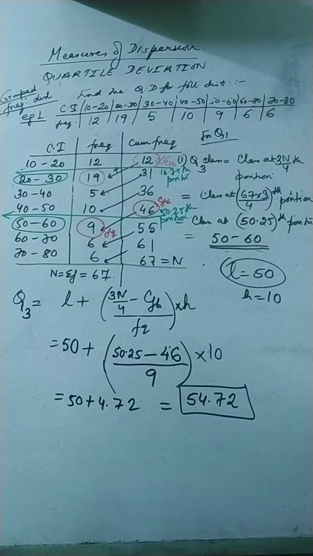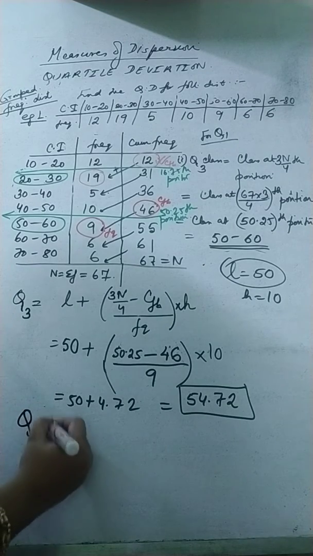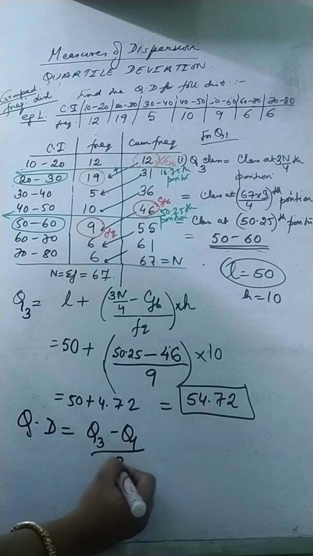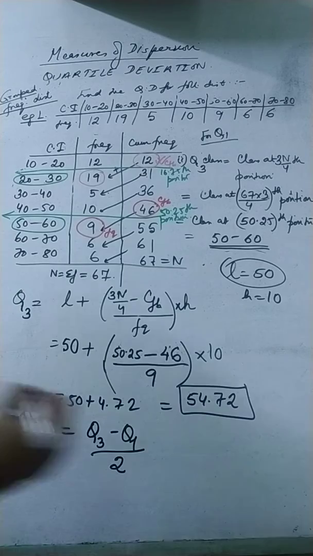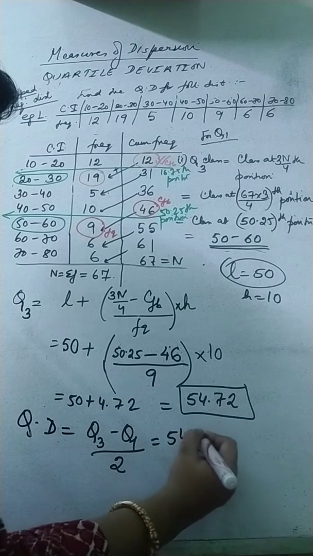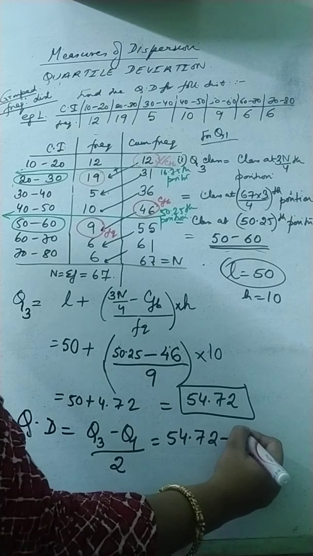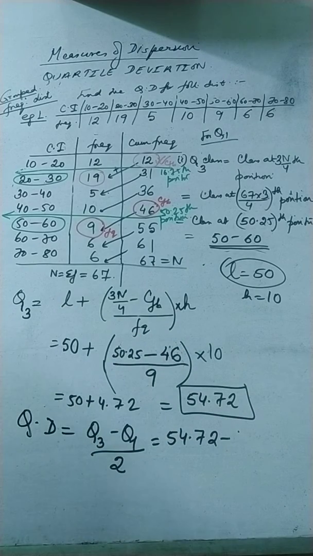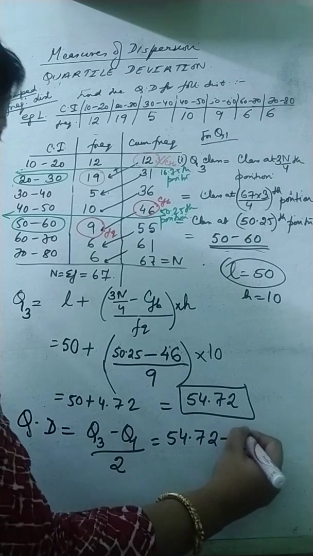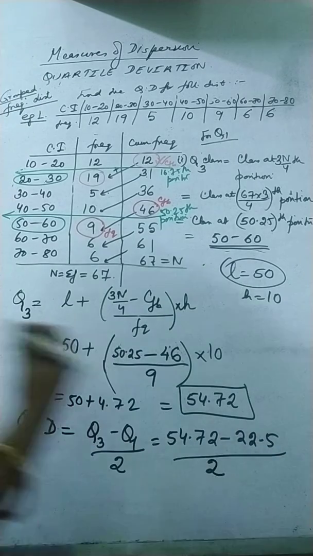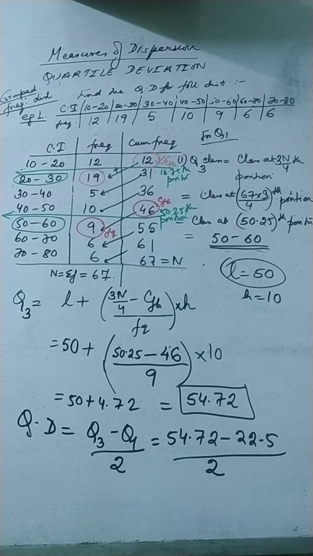So what is the quartile deviation therefore? QD is equal to Q3 minus Q1 by 2, if you remember. So it is 54.72 minus, how much did we get? We got 22, I think, 22.5 if I'm not wrong, by 2. 54.72 minus 22.5 divided by 2.